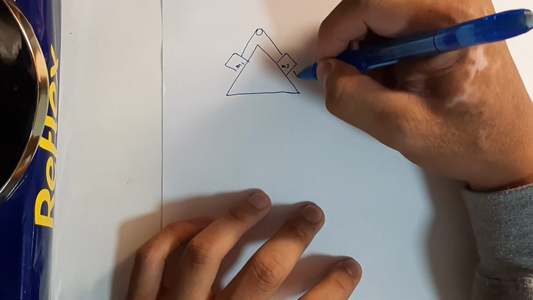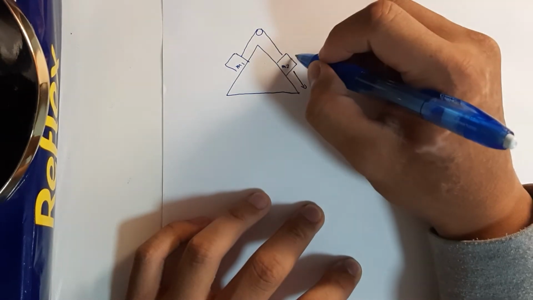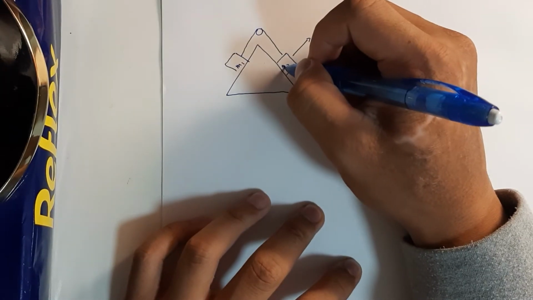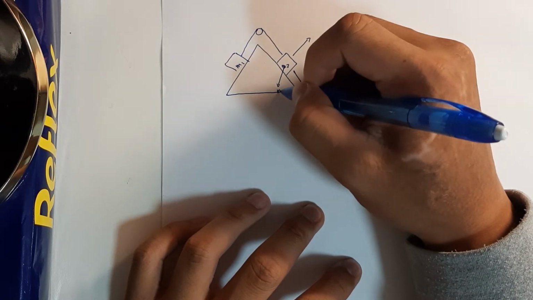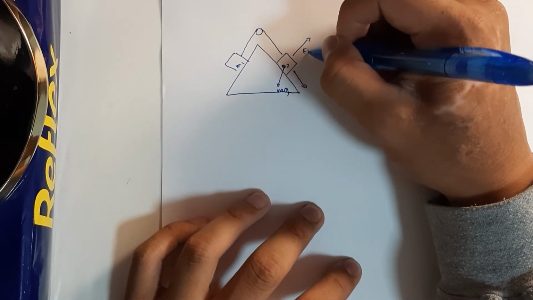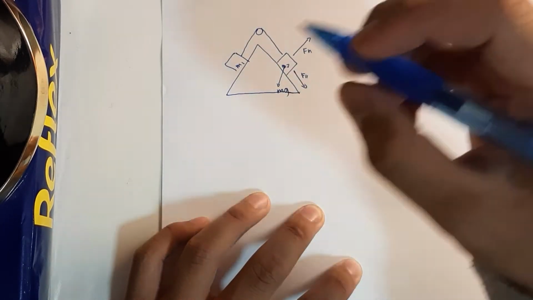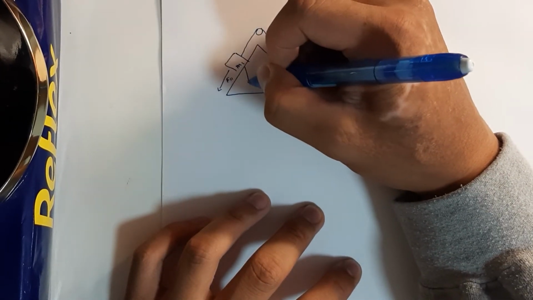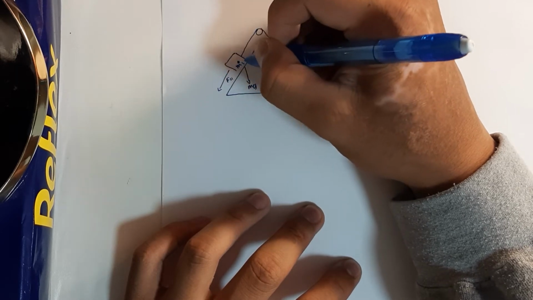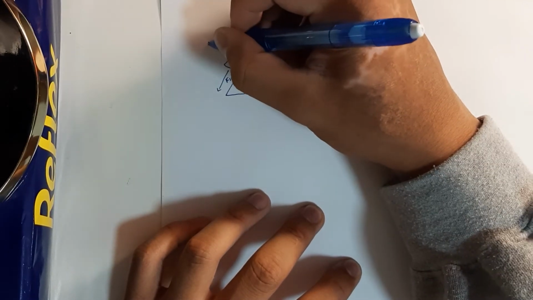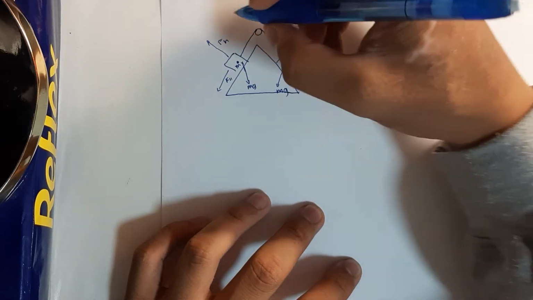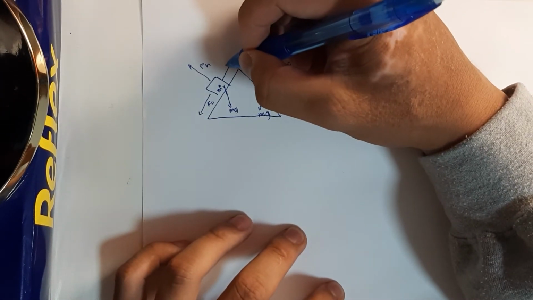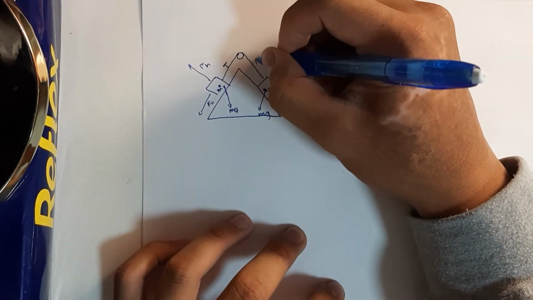So F parallel, F normal, that is mg, that's F normal, and that's F parallel. Same on the other side, this is F parallel, this is mg, and F normal. So the tensions will be here and here.